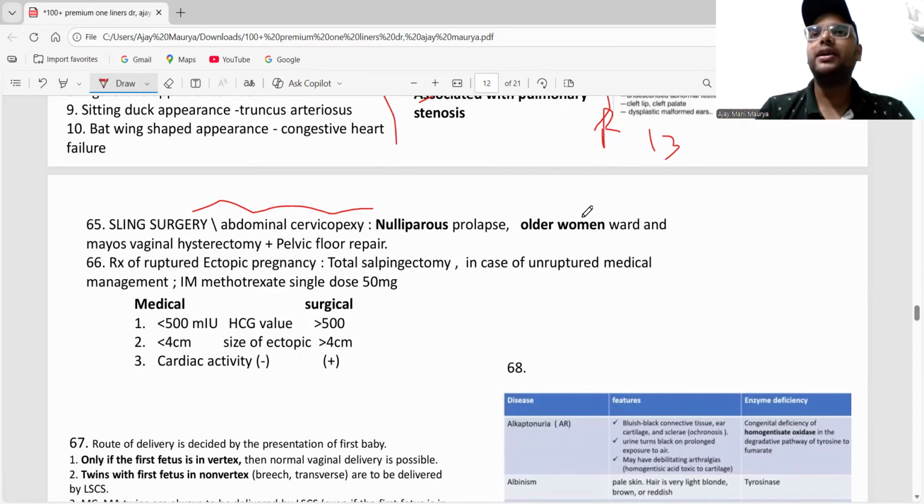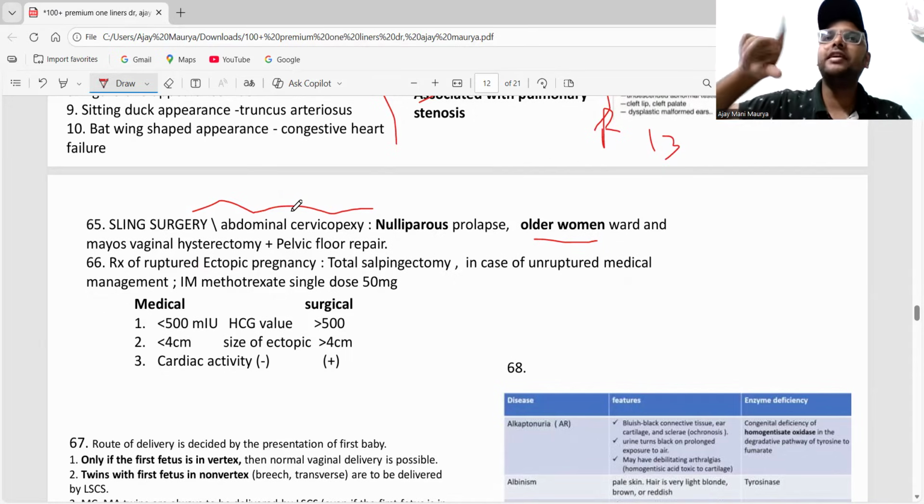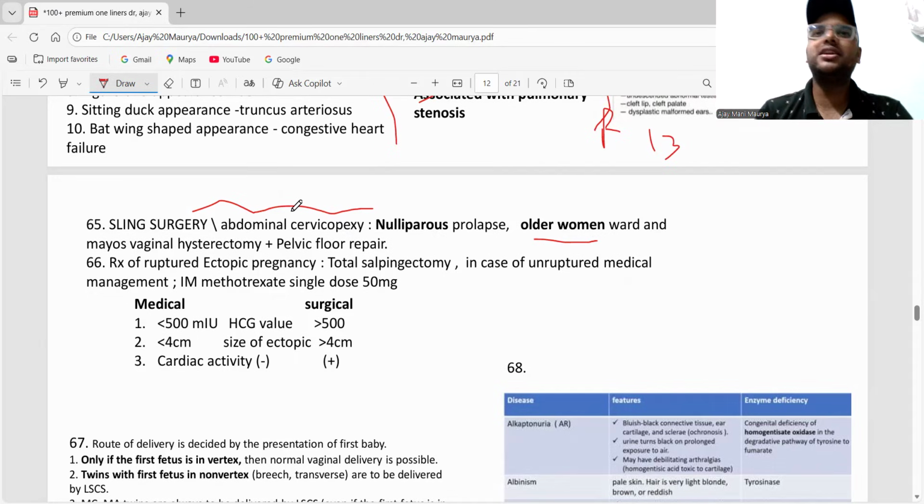But for older women, you have to do the Ward and Myers procedure, vaginal hysterectomy plus pelvic floor repair, because in older women there is already menopause. I remember this one when I was distributing the OT list in my hospital: whatever surgery they were performing, I saw Ward and Myers, which means vaginal hysterectomy plus pelvic floor repair.